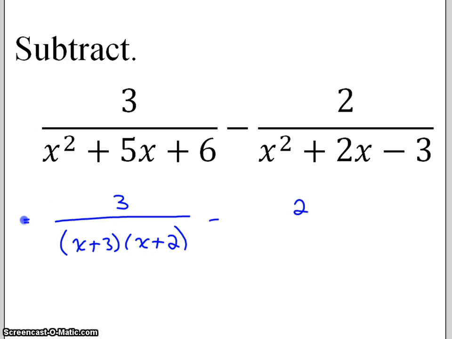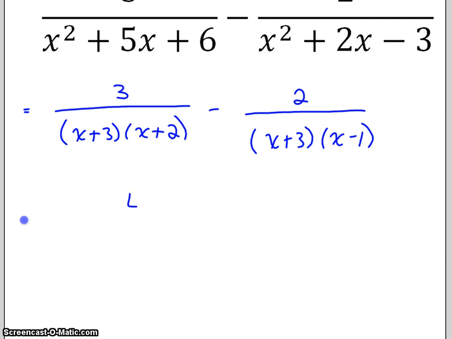Now go over here. Now x squared plus 2x minus 3. Two numbers whose product is negative 3 and sum is positive 2. So plus 3 and minus 1. So x plus 3 and x minus 1. Now notice our denominators are actually products of binomials. So when you're determining your least common denominator, you just go across and say, I need an x plus 3.